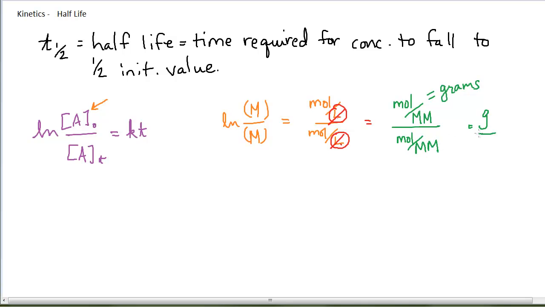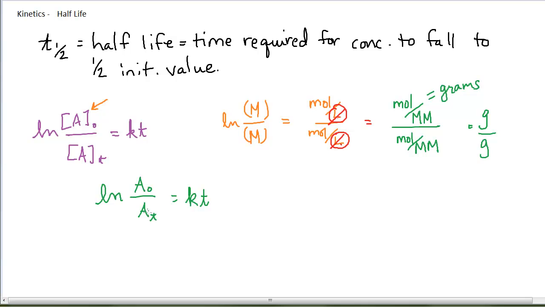So the grams initial divided by the grams after time t is numerically the same ratio as molarity to molarity, which means instead of concentrations in this original expression, I can use actual masses. So often we see this equation written where it's implied that these A's could be molarities, moles, or grams.